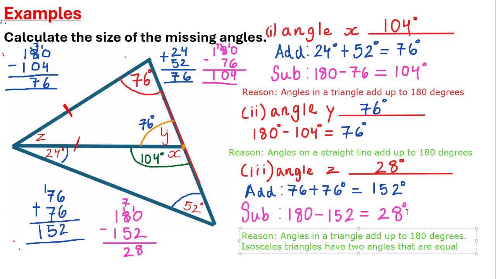All right. So the reason is that angles in a triangle add up to 180 degrees, and isosceles triangles have two angles that are equal.